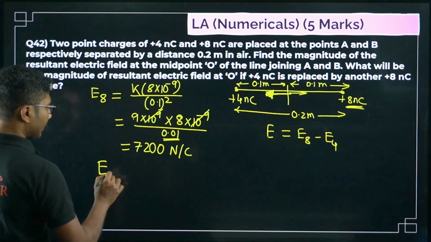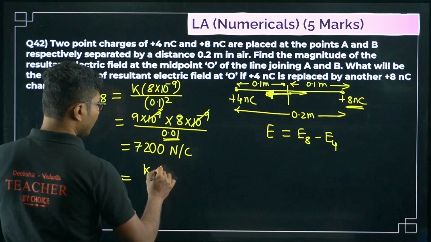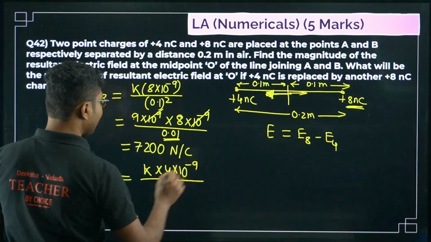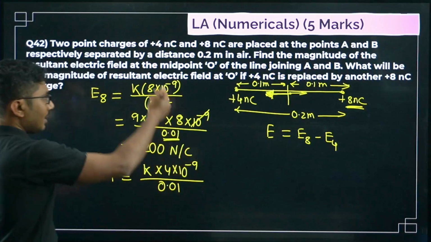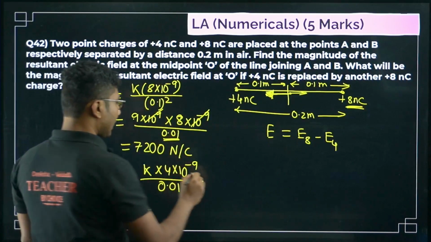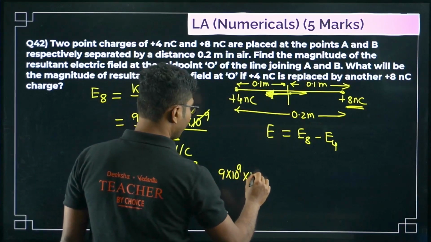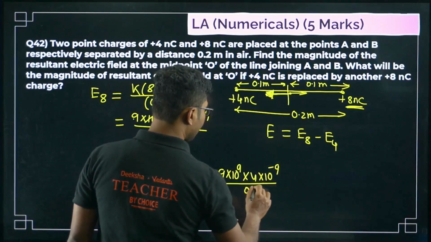And what will be the electric field due to E4? E4 will be K into 4 into 10 to the power of minus 9 divided by 0.01. Same process. So 9 into 10 to the power of 9 into 4 into 10 to the power of minus 9 divided by 0.01.